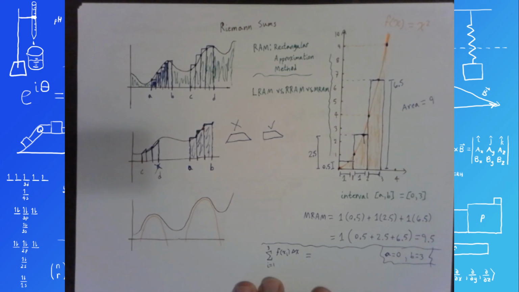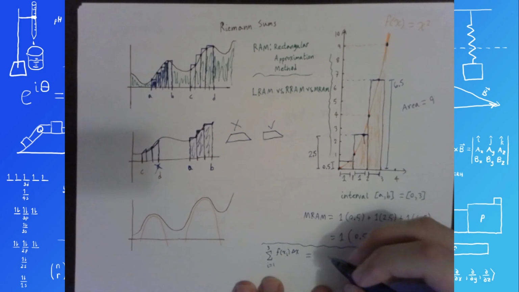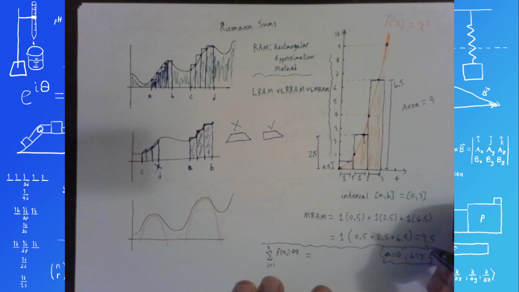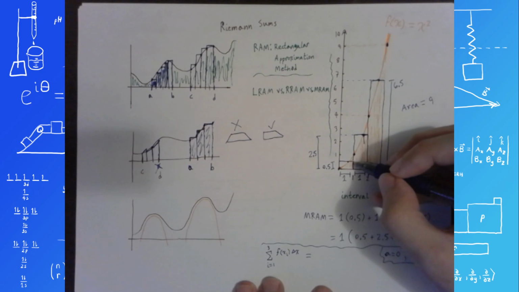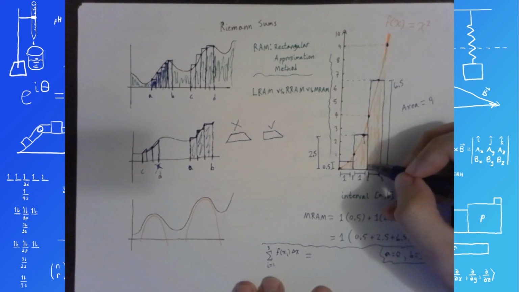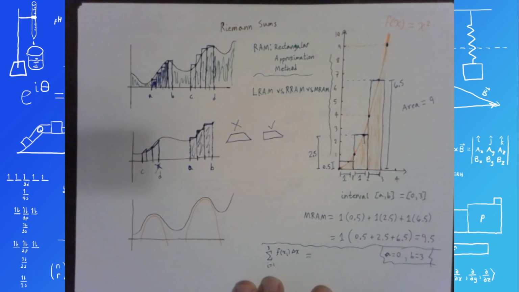Let me slow down and think carefully about how I want to write this. So it's going to be the first value is a itself, the next value is a plus 1, which is 1, the next value is a plus 1 plus 1, and the next value is a plus 1 plus 1 plus 1, which also happens to be equal to b.